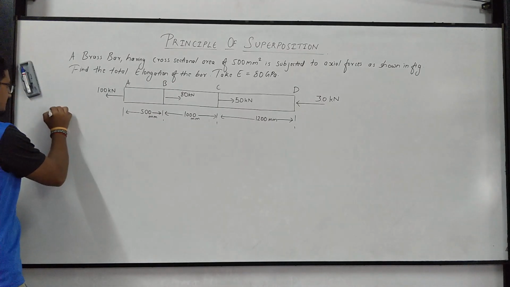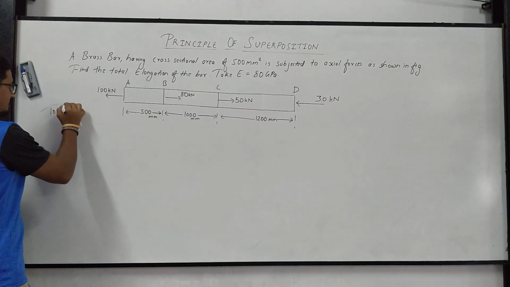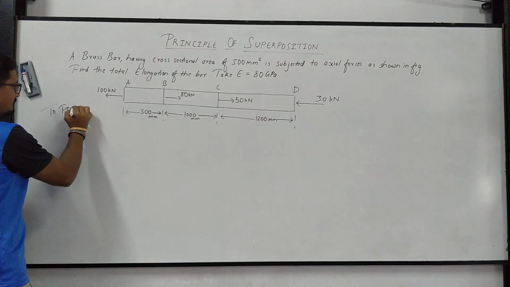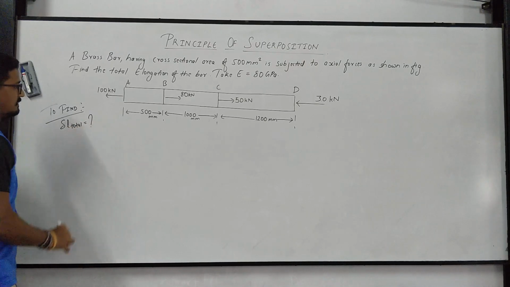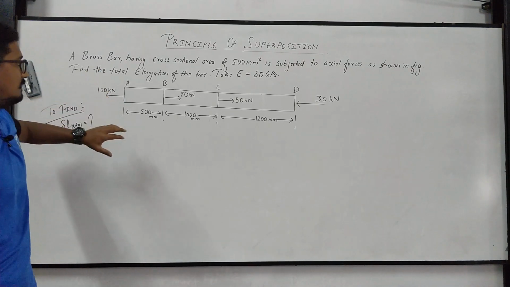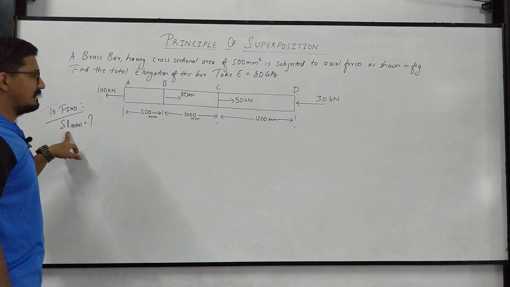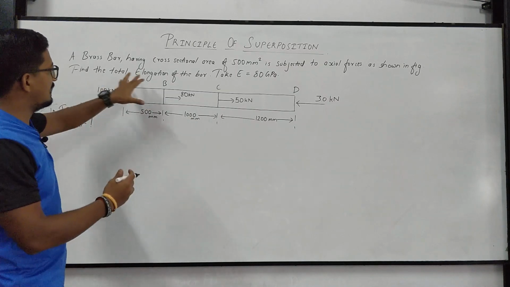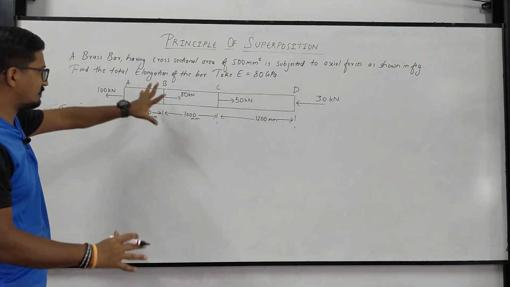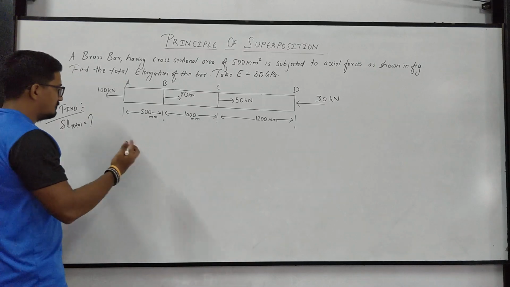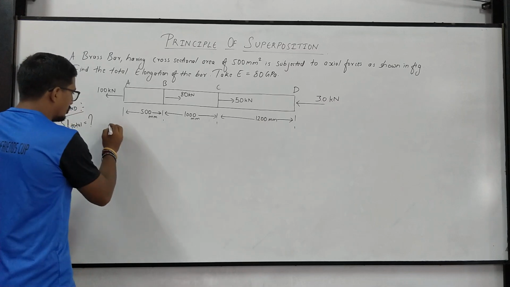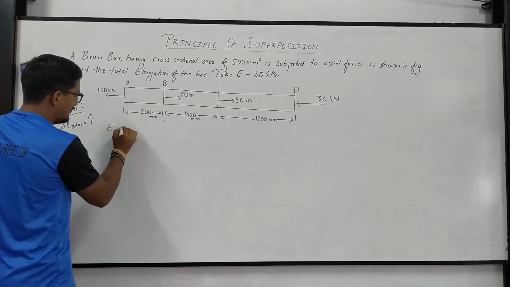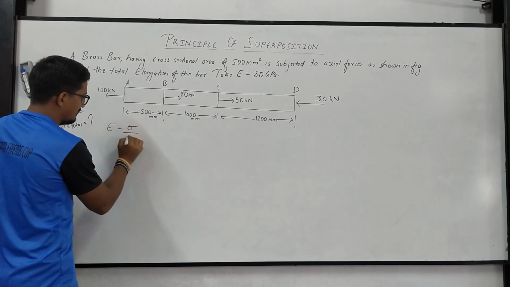I will write here: to find delta L total. For finding delta L, or we can say the total elongation of the bar or the change in length of the bar, there is a formula which we already have from Hooke's law. According to Hooke's law, E is equal to sigma by epsilon.